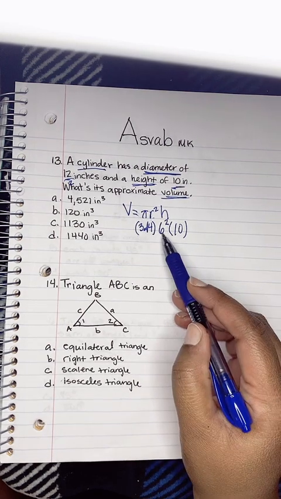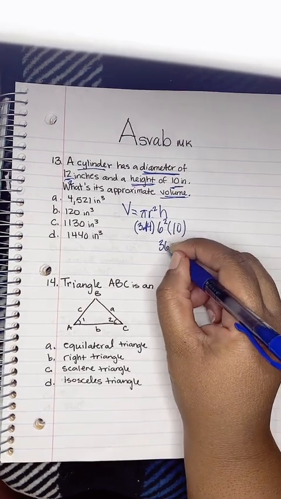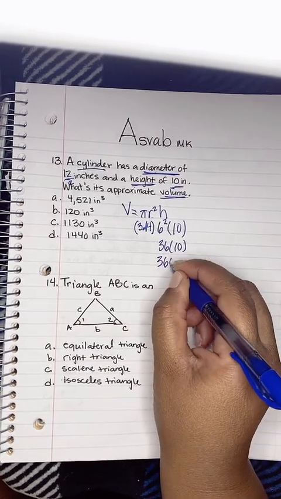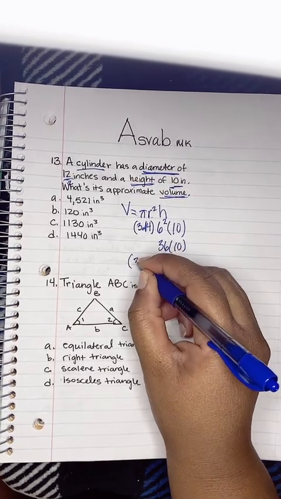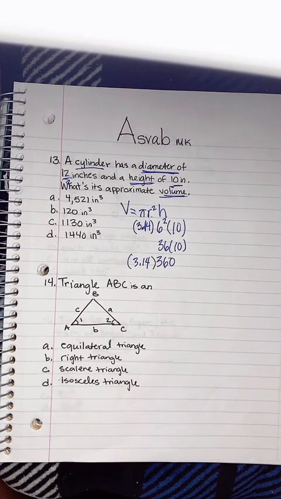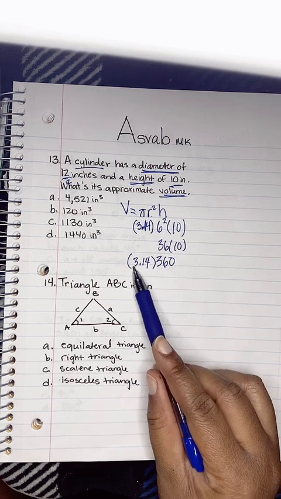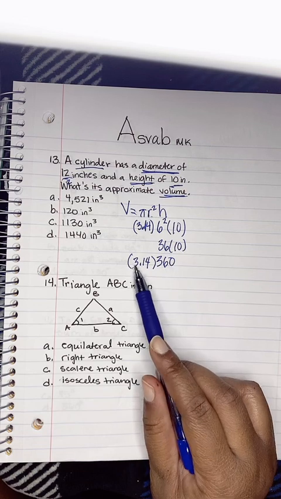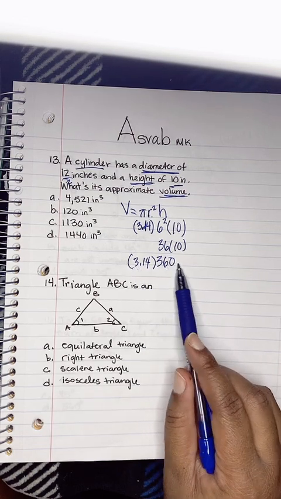Okay, so 6 times 6 is 36. If we multiply 36 times 10, we get 360. Now we have to multiply that by 3.14. Again, I'm not going to take time to be doing 3.14 times 360, right? I'm going to just triple 360.